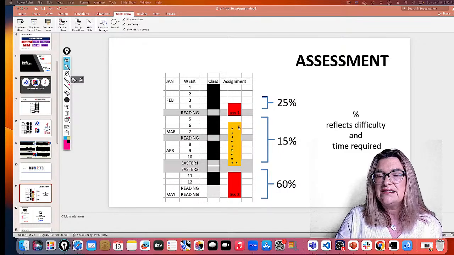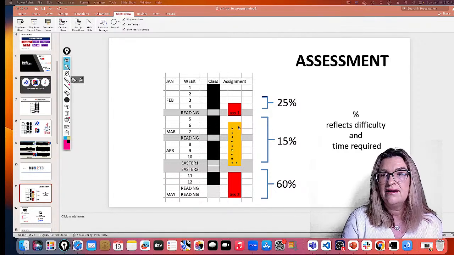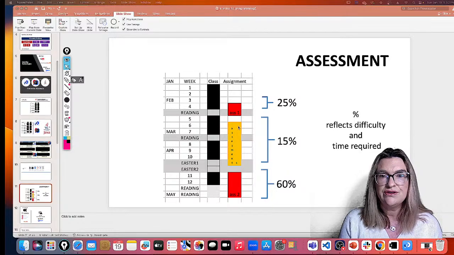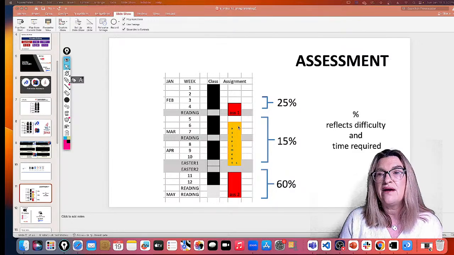And what they do is they build on what we're doing at that moment in time, and then you put them all together and we would use them for our second assignment. So once you have done the mini assessments, you're in a really good place to get that 60% for your final assignment. And you can see that we finish up at the end there in May. We have 2 reading weeks, and then you hand up your assignment.